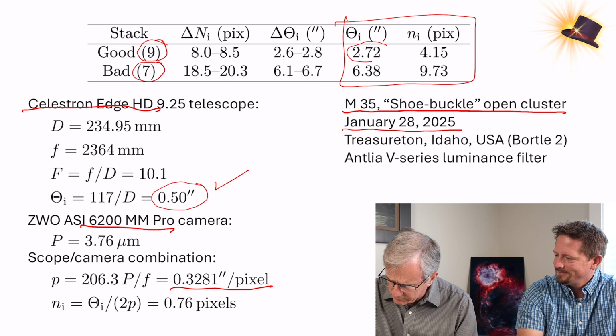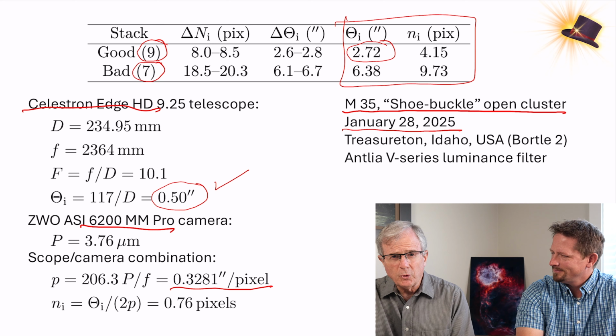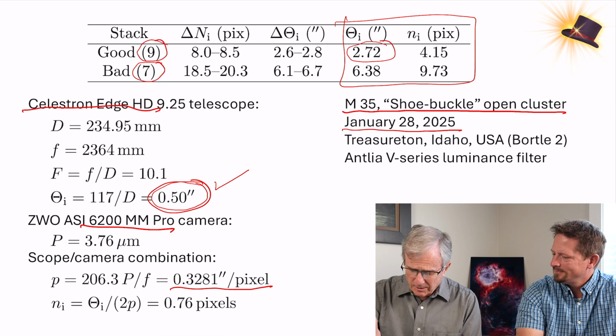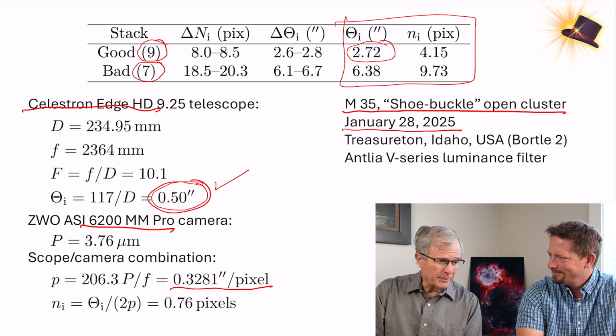First of all, the full width at half max of the good stack averaged 2.72 arc seconds. And comparing that with 0.5 for the Airy profile, you say, that's not very good.